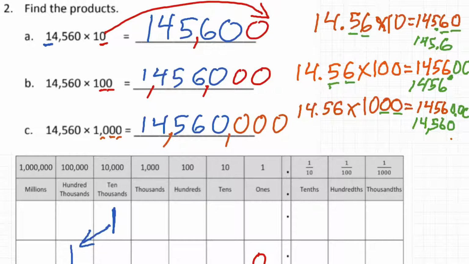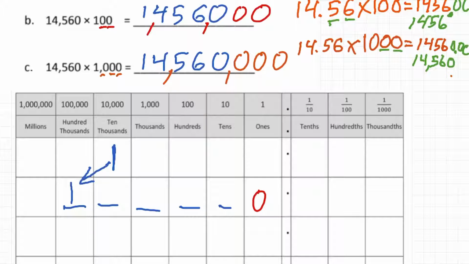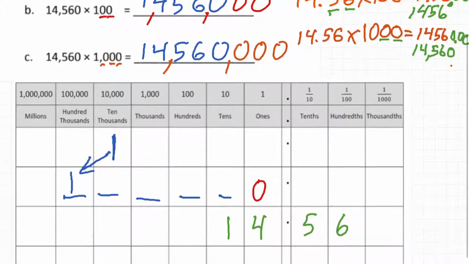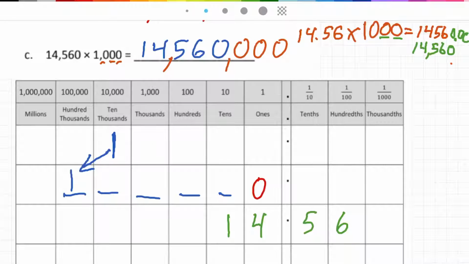How do I know where to put the decimal? Well, it's right there. And if you want to see it, I'm going to show it on the place value chart. It starts out here, and I will show you the thousands, because that's the one that people probably have the most difficulty with.